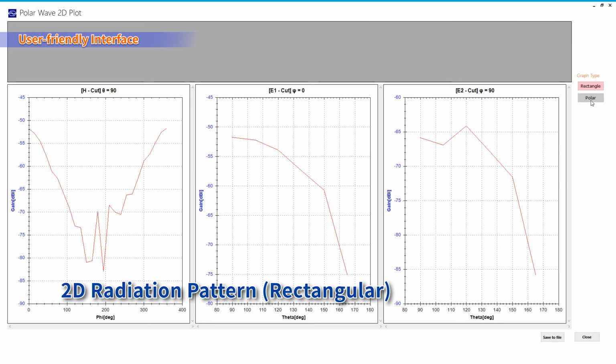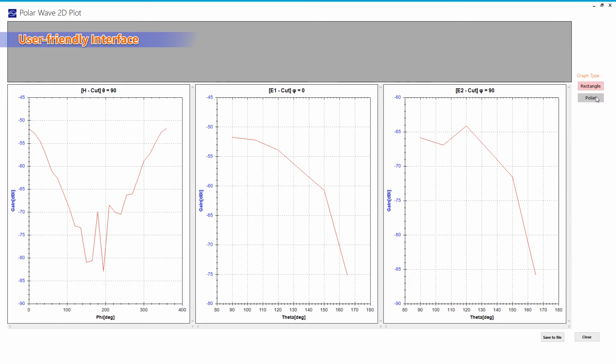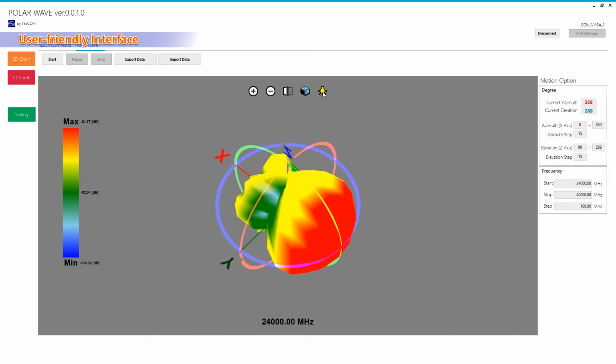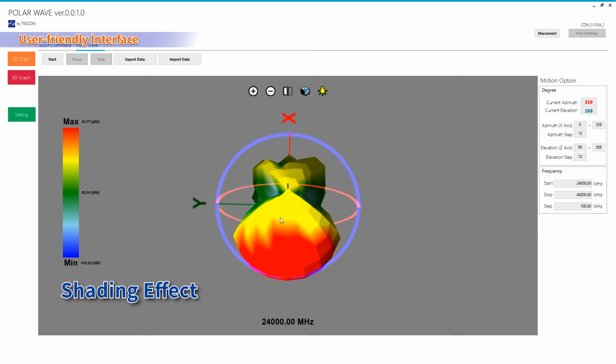Furthermore, based on the feedback of antenna developers who actually use this software, there are some visual functions for your convenience. First, the shading effect for a better view.